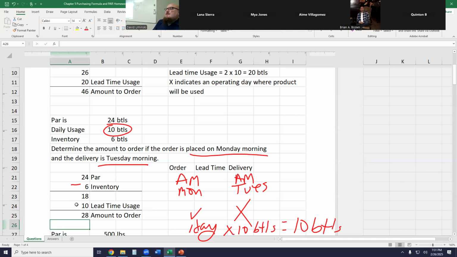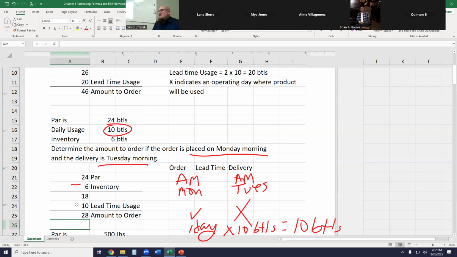Okay. Does anybody have any questions? Anybody see anything concerning with this particular example? So we will use the daily usage times the lead time that we have. So if we take a look, I'm ordering 28. What's my par? 24.